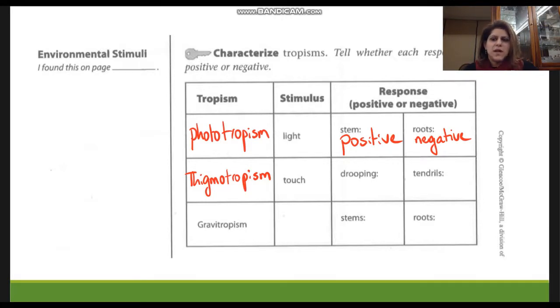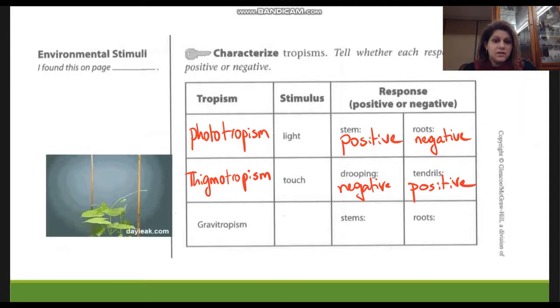So that has to do with the touch. Now what about the drooping? Okay, when I say drooping and it's going downward like the leaves, okay? So drooping is negative, away from the stick. Okay, they're not going to wrap around the stick. You don't see leaves wrapping around you like hugging. Okay, but the tendrils, they're wrapping around the stick, so you call it a positive response.